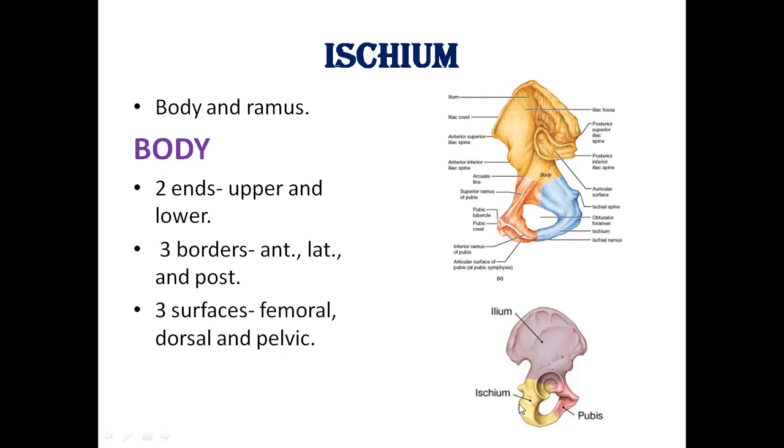Now see, this is the ischium. The border towards the obturator foramen is the anterior border. Towards outside, the border is the lateral border, and behind is the posterior border. So we have anterior, lateral, and posterior borders. Between these borders we have femoral, dorsal and pelvic surfaces.